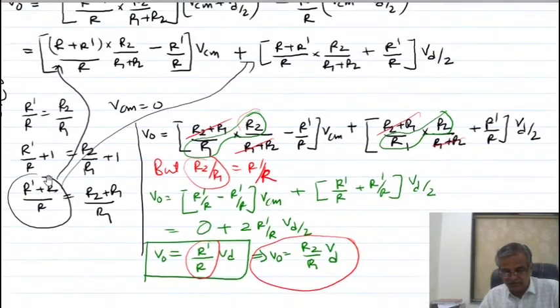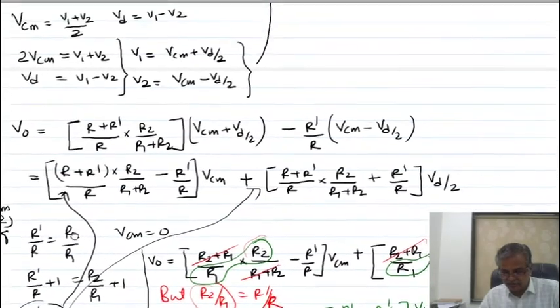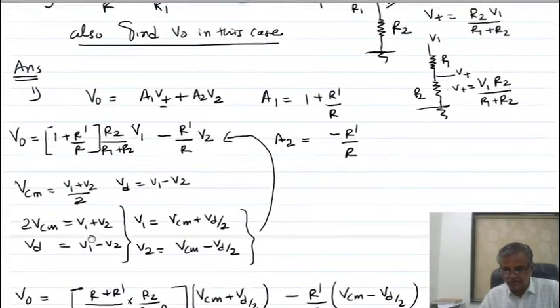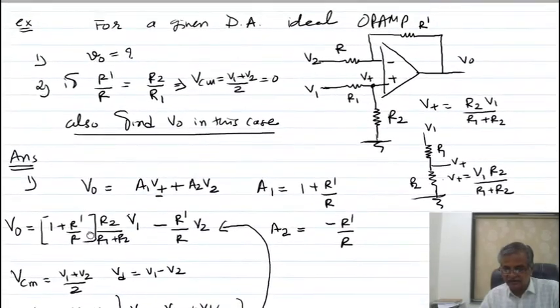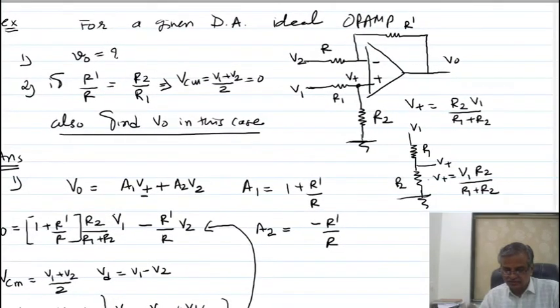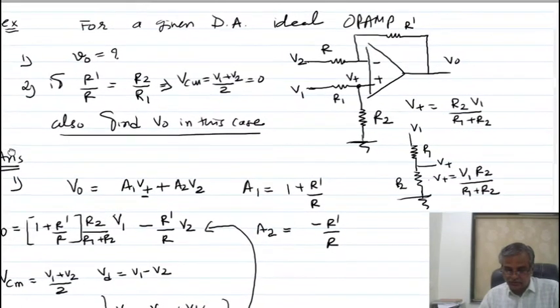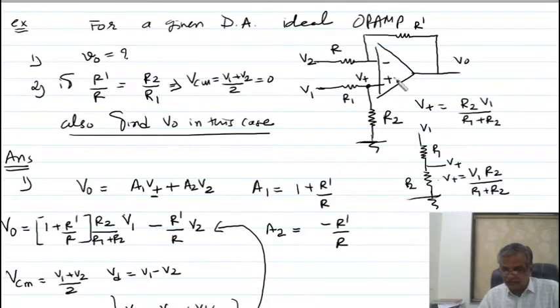Let me repeat here, for those who are having a little bit of problem. See, this circuit they have given. They are asking you to find the output voltage. Output voltage you can write VO is equal to A1 V plus, instead of V1, what have I written?